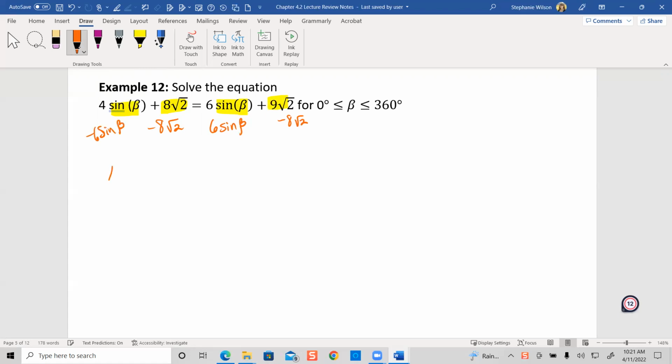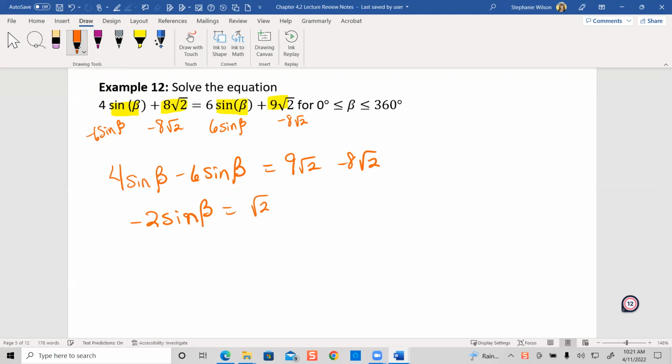So now on this side, I got 4 sine beta minus 6 sine beta is equal to 9 square root of 2 minus 8 square root of 2. So 4 minus 6 gives me negative 2 sine beta, and then the square root of 2, because 9 minus 8 is 1.